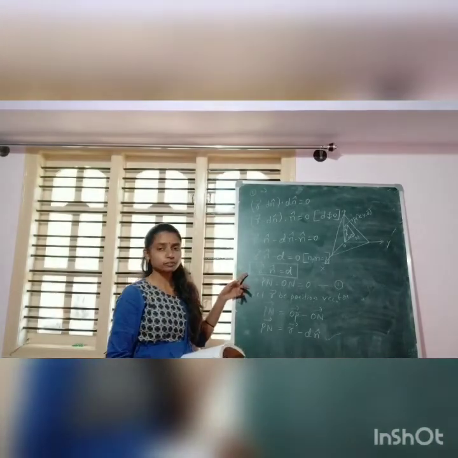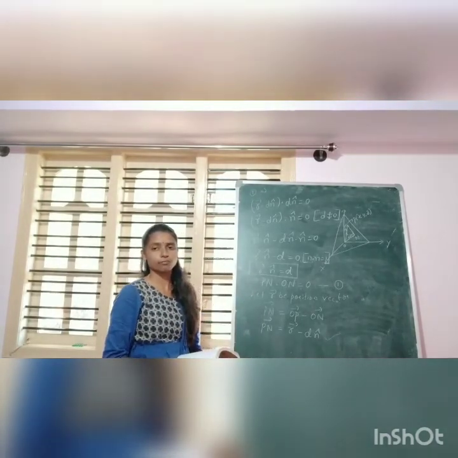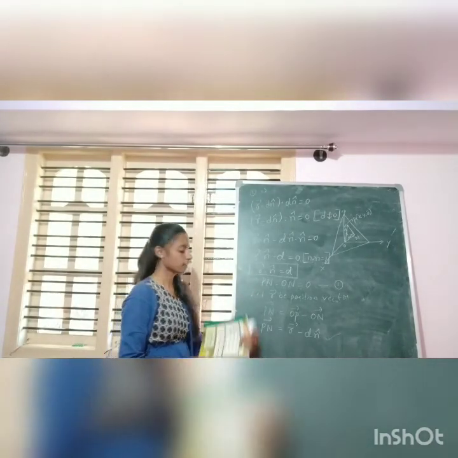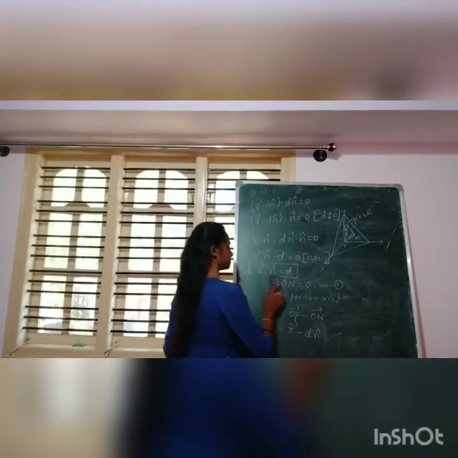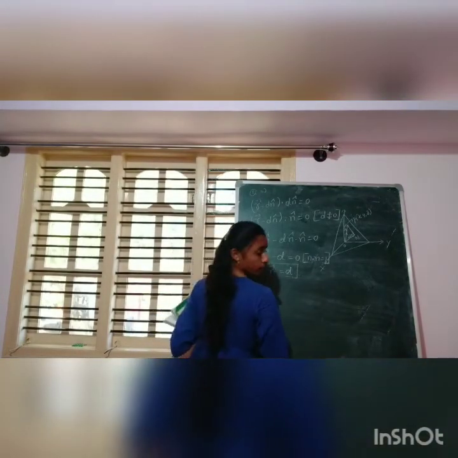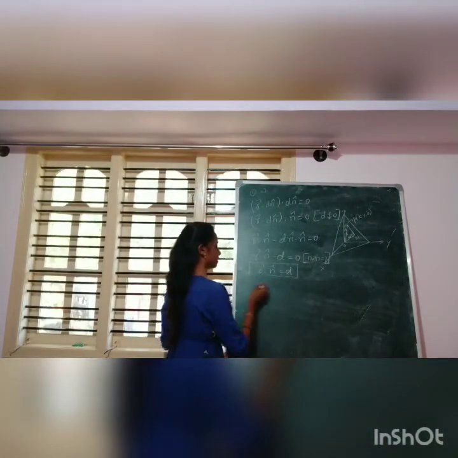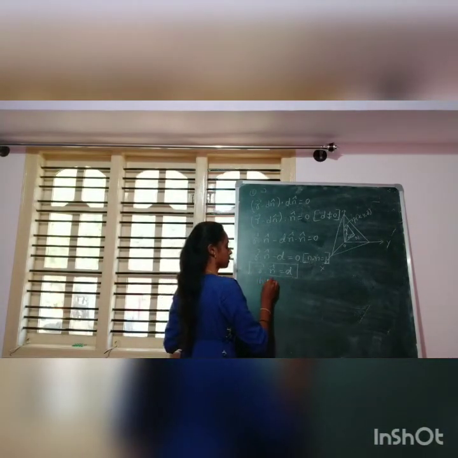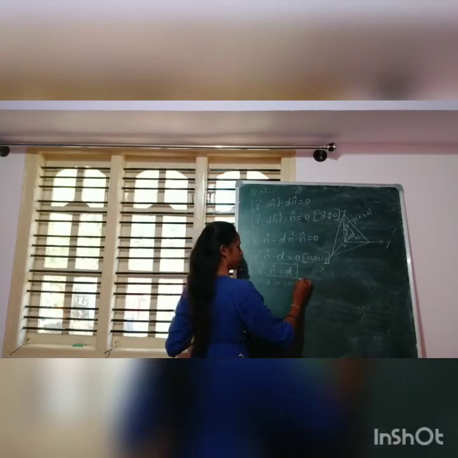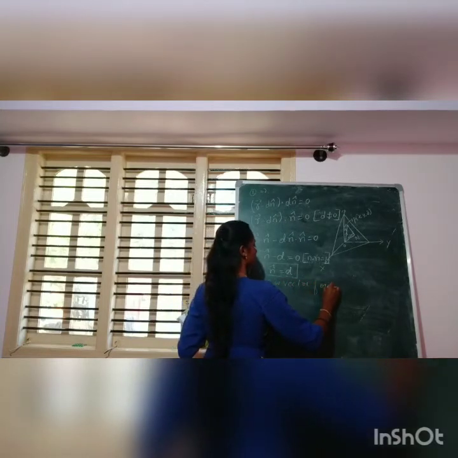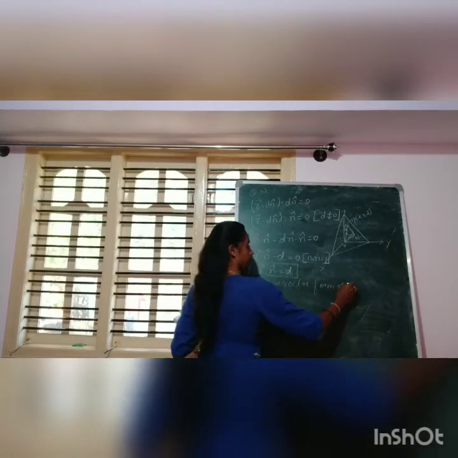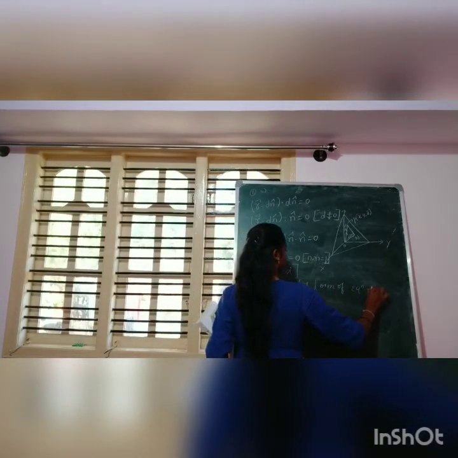Now with the help of this one, we need to write the Cartesian form of equation of a plane. So for that, this is the vector form of equation of a plane.